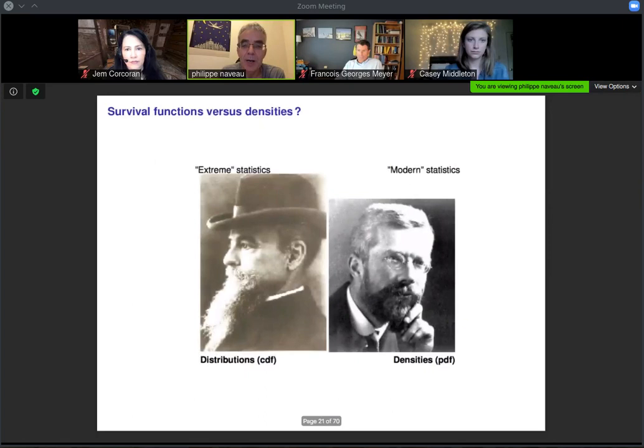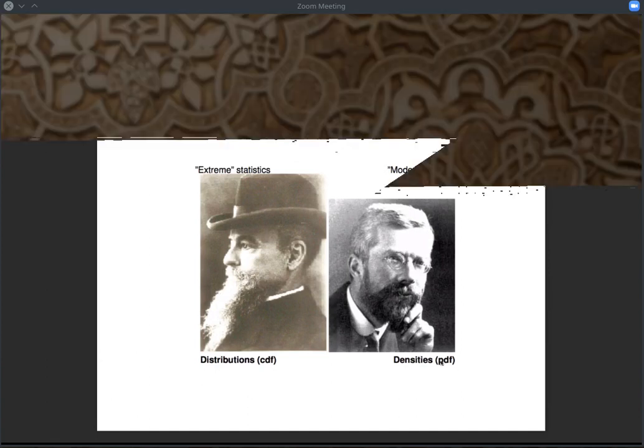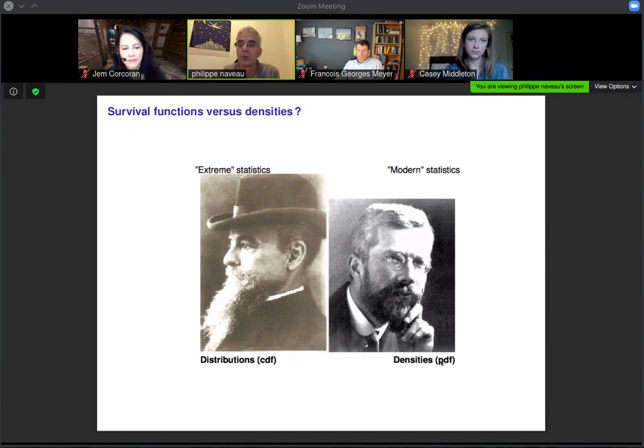Now I'm going to look at one of the main points of this univariate case. I think you have two different types of school in statistics. You have modern statistics, where with Fisher, people think we need to look at the log likelihood, we need to look at the densities.